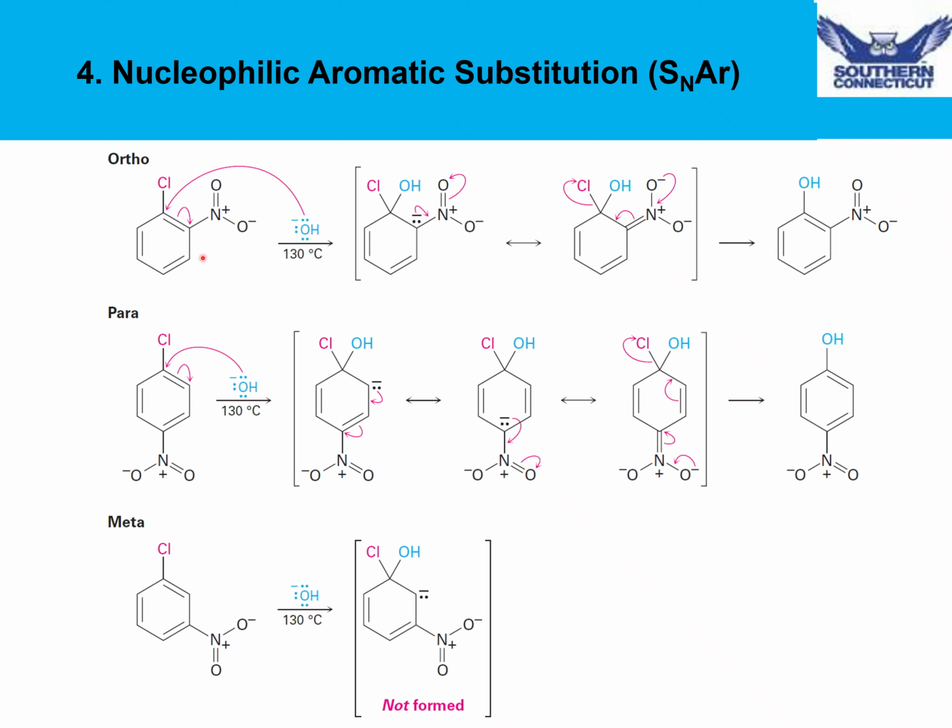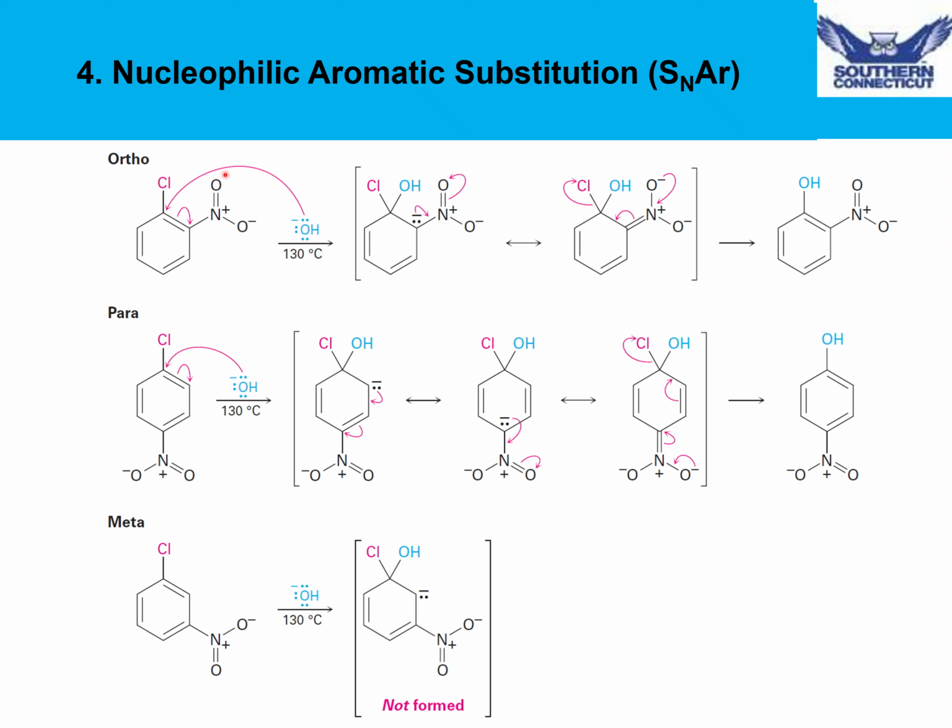As mentioned on the previous slide, having an ortho or a para substituted aromatic ring with a leaving group is beneficial for the nucleophilic aromatic substitution reaction.